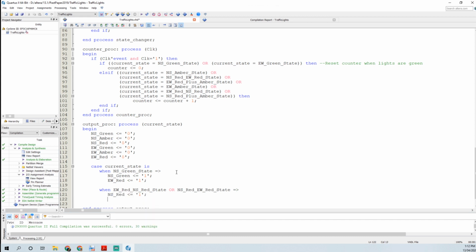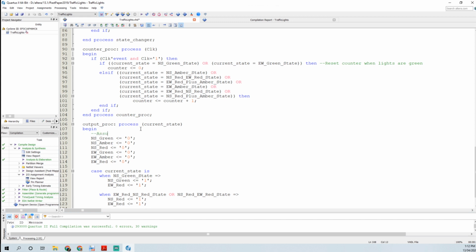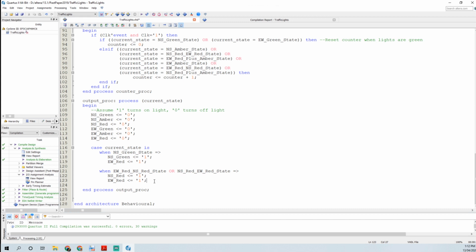This is that 3-second phase. Right? We're assuming here, just put a comment at the top here, assuming that 1 turns on light, 0 turns off light. Cool.